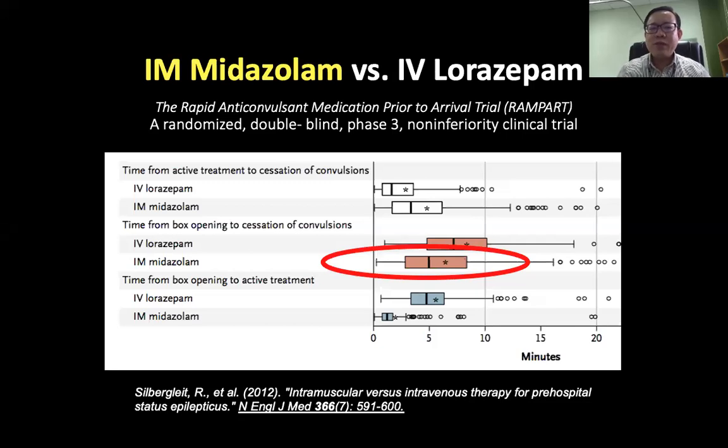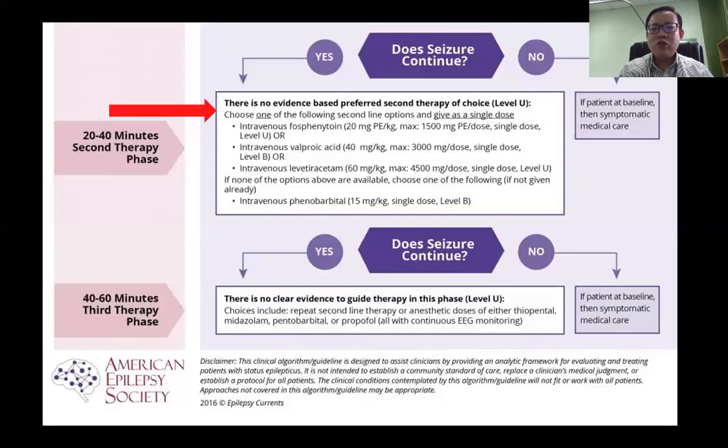When you have no time to set a drip, you can straight away give one dose of IM midazolam intramuscularly. This is important, and remember, useful for acute status initial treatment.